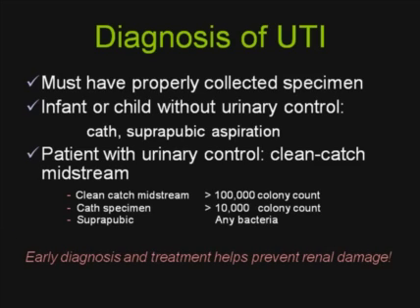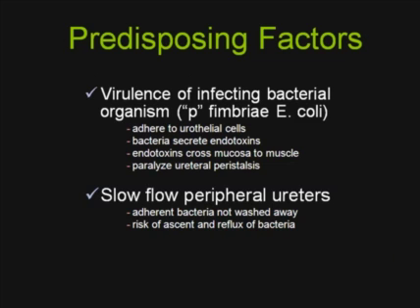Early diagnosis of urinary tract infection is important so that treatment can be instituted quickly in the attempt to prevent renal damage. There are several predisposing factors. The virulence of the infecting bacterial organism is important. Particularly P. fimbriae E. coli adheres to the urothelial cells.